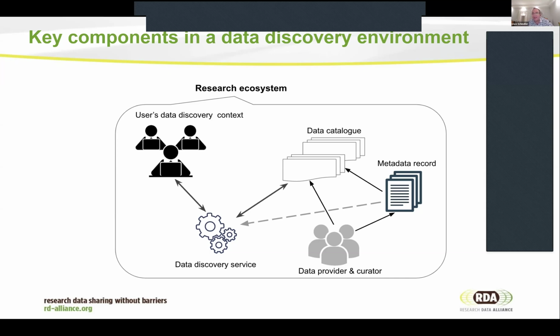The back end is the data catalog, and then there are the data providers and curators, which are taking care of metadata records inserted in the data catalog. And the recommendations here are for all of those parties to improve the discoverability for the users on the left side, to make metadata better and all that.